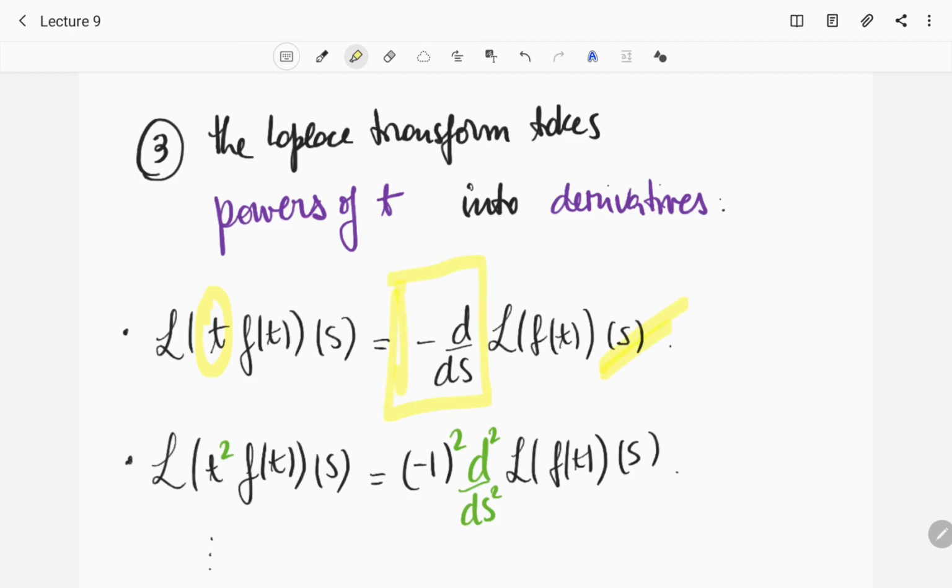Remember that once we transform, our new function depends on s. Okay, if we have t to the power 2, like t squared, then this minus turns into minus 1 squared, and the derivative goes to the second order derivative of s.